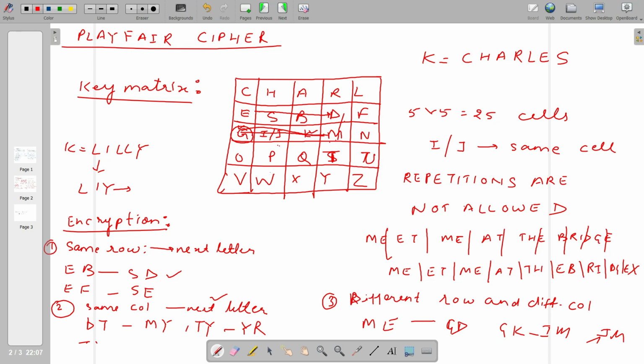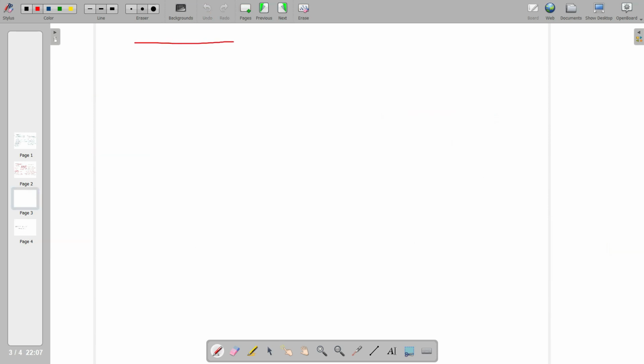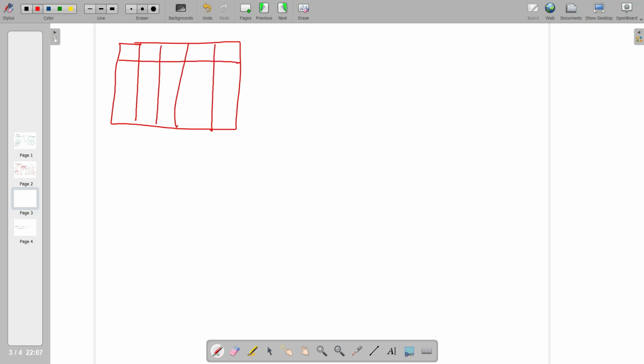So let's encrypt the whole message. In the next page I will make this key matrix again. It is going to be a 5 by 5 matrix. So let's write Charles.